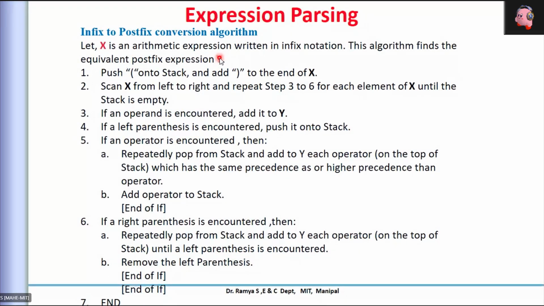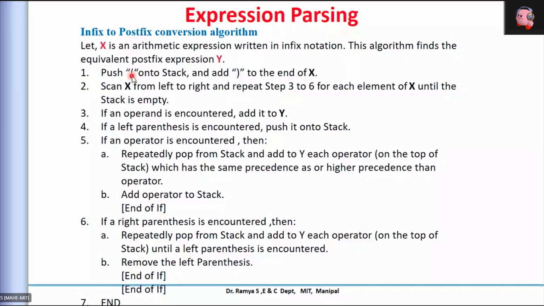Okay, remember that. If I just go through this algorithm, don't be scared of it. I'll go through it and try to understand it with some examples. In the first line, you are putting a bracket. That is nothing but saying this is the start of an expression and the end of an expression.